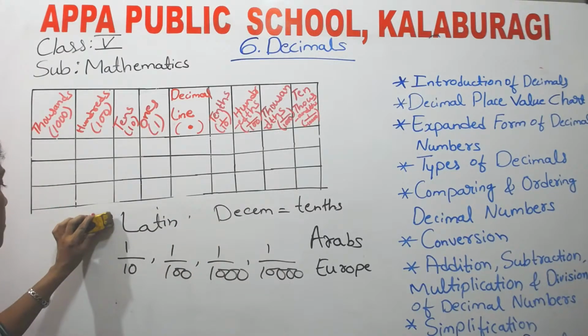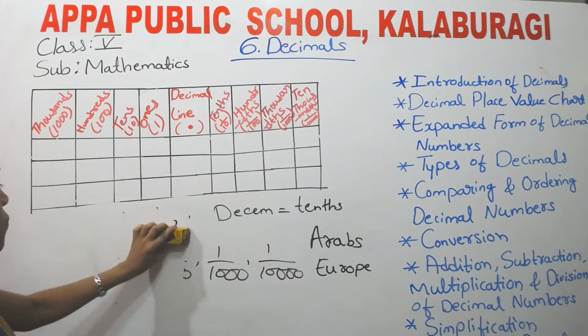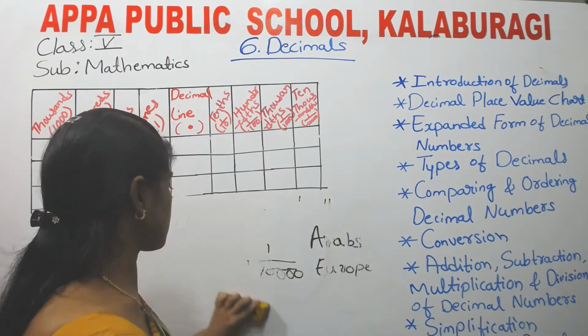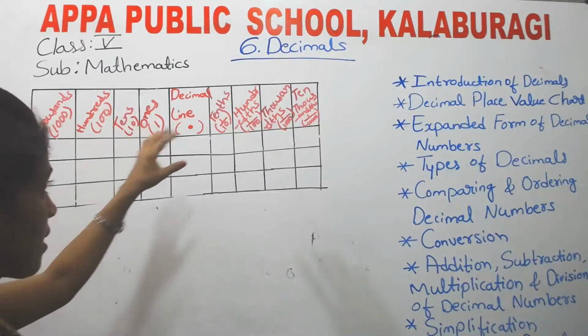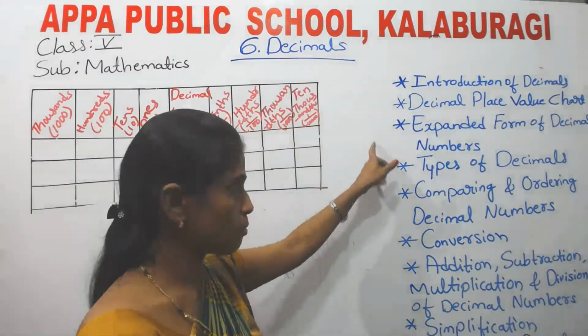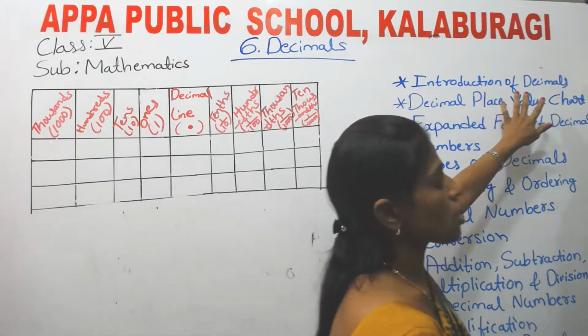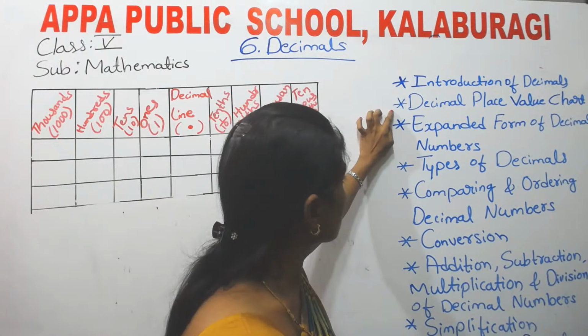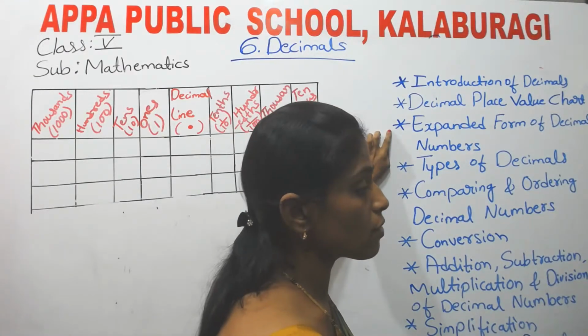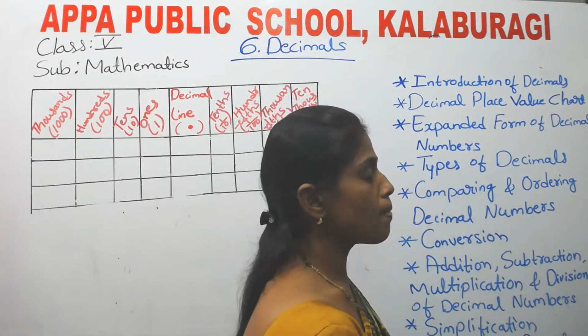Next is the place value chart of decimals. These are the points in the decimal chapter. First one, introduction of decimals. Next, decimal place value chart, and third, expanded form of decimal numbers.